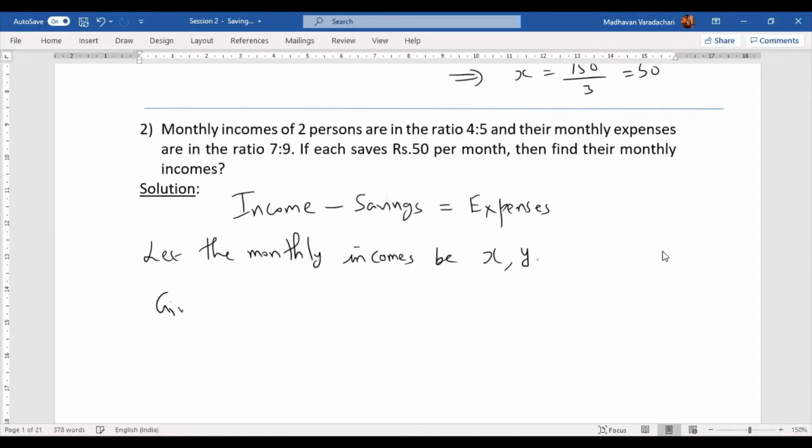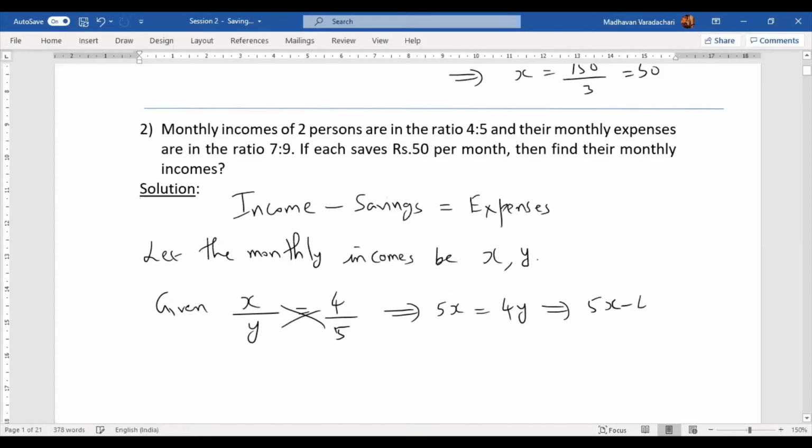Means given x by y is 4/5, because that is given in the form of a ratio. This is one thing what they are given, which means by cross multiplication, I can say 5x is equal to 4y, or 5x minus 4y equal to 0. Let me call this as equation 1.